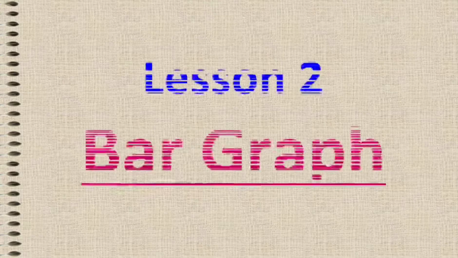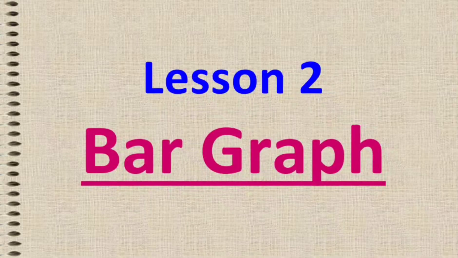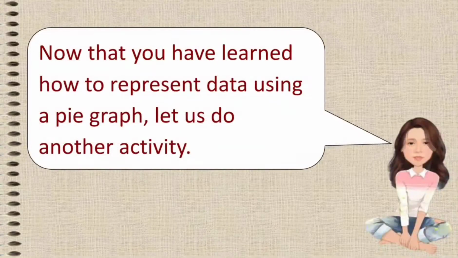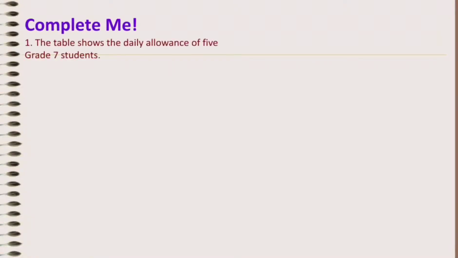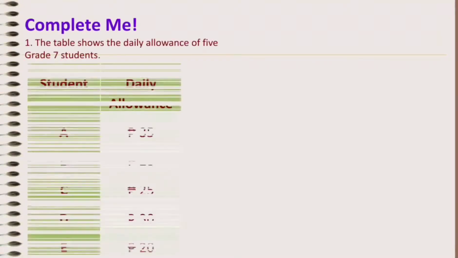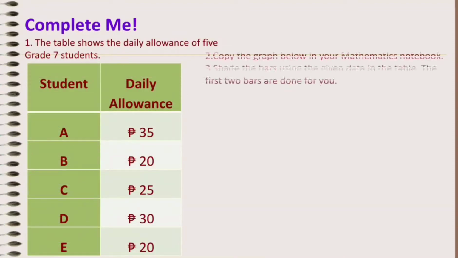Okay, next. So after that, let's have lesson 2, which is the bar graph. So now that you have learned how to represent data using a pie graph, let us do another activity. The table shows the daily allowance of 5 grade 7 students. So copy the graph below in your notebook or on your paper.